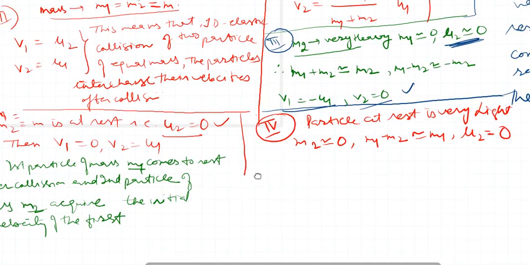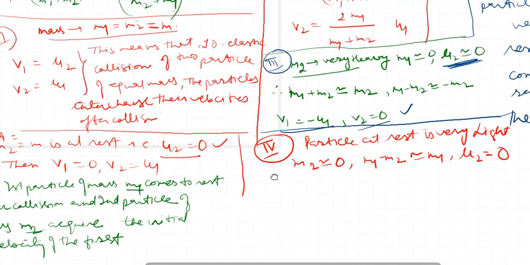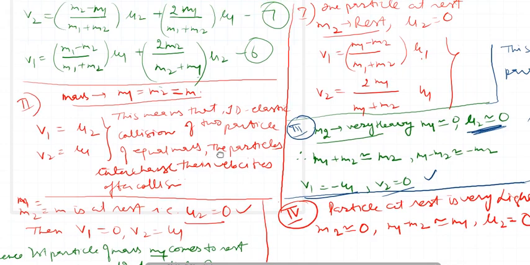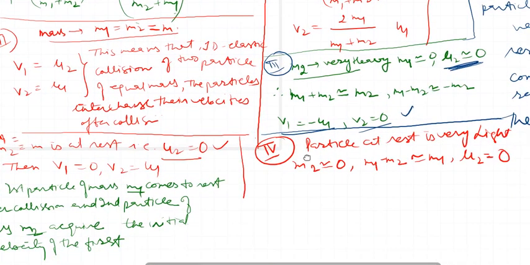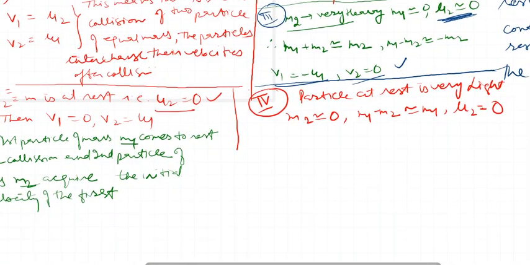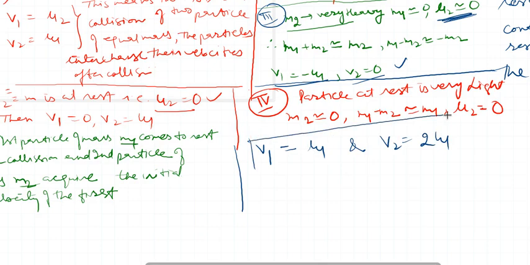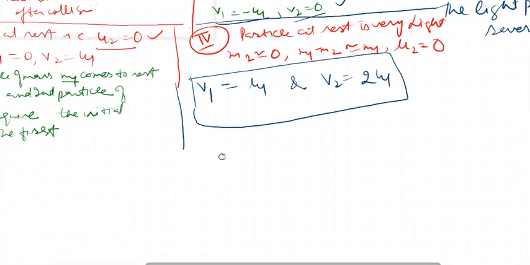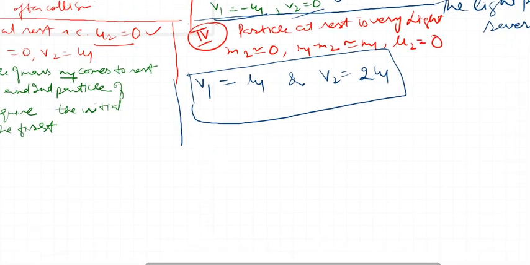If I do a little substitution in these two equations 6 and 7, then V1 in the fourth case comes out to be U1, and V2 is equal to 2U1. That's what we are getting for this case. You can do a little algebra and you will get these results. This is not a very big task.